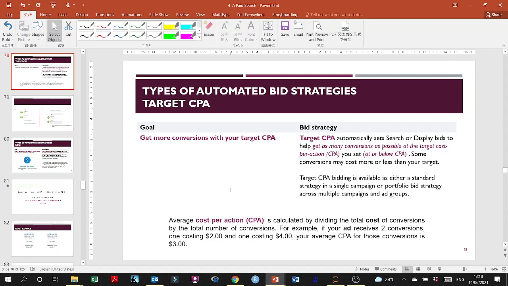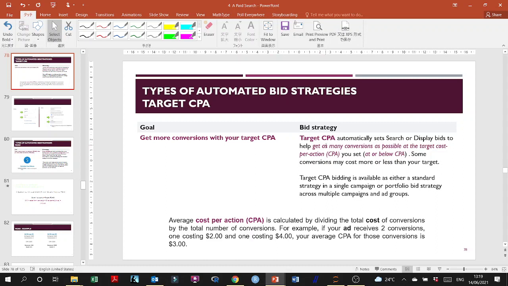Now, what if you want to get more conversions within your target cost per acquisition? Let's say that you know your acquisition cost. You know that you can't spend more than $2 to acquire a customer, because if you spend more than $2 per customer, you're going to have no profits or very meager profits.